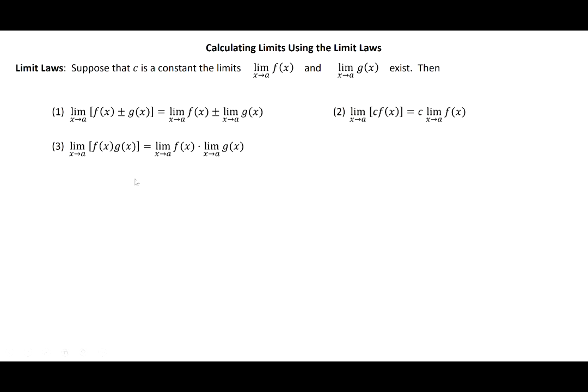Cool? I don't need to explain that, I take it. Limit of a quotient is equal to quotient of the limits. Limit of f of x over g of x, you can take the limit separately and divide them, and that's perfectly fine. Of course, provided the limit of g of x as x approaches a is not equal to 0.